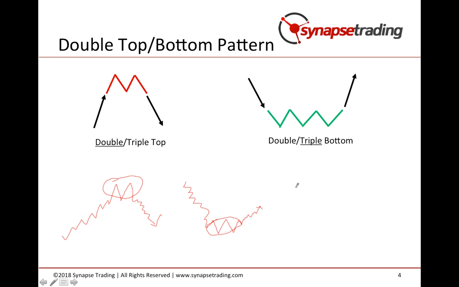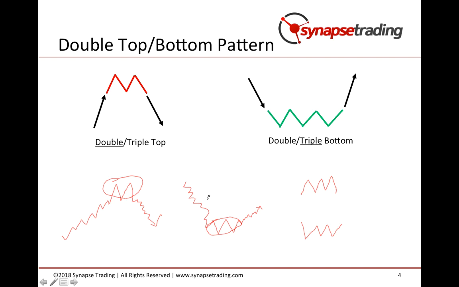Occasionally you get a variation where you get multiple tops and bottoms. So for example, instead of just seeing one M shape, you might see a triple, and for the W you might see multiple bottoms. So this gives rise to the triple bottom as well as the triple top.